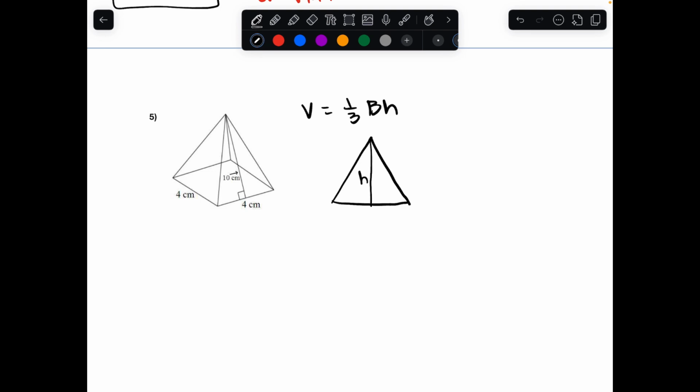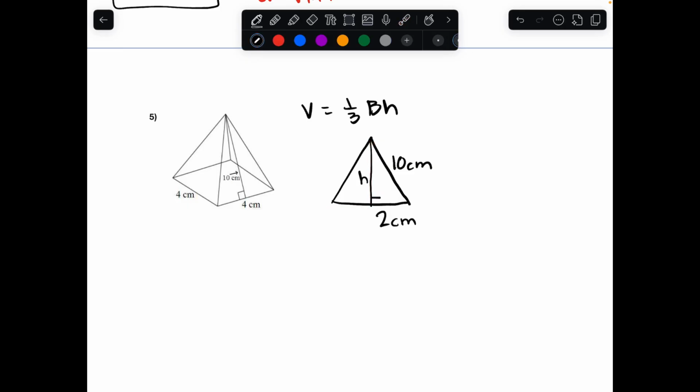Now I don't know what this height is. I want to solve for it. But because we know our slant height is 10 centimeters, we can fill that in right here. Now this length down in the bottom is going to be one of these sides, so it's 4 centimeters. When we put the height in here, it's going to cut it in half. So 4 divided by 2 is going to be 2 centimeters.